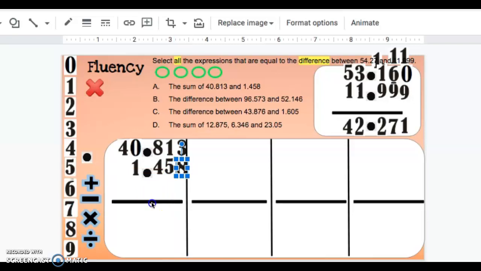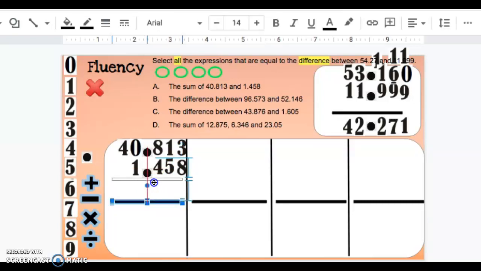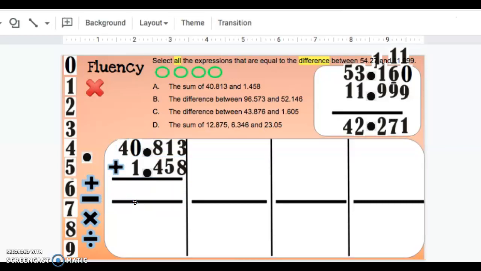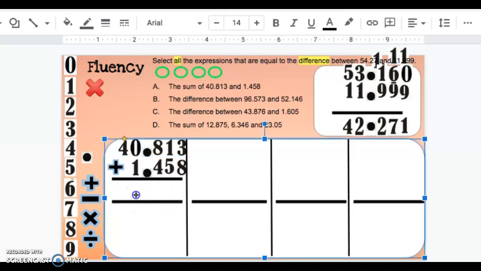And then I'm going to bring this line up. Have my plus sign.